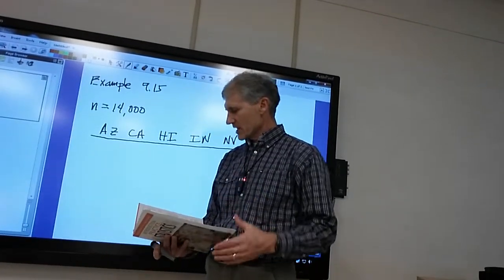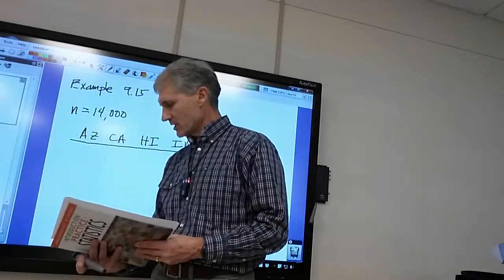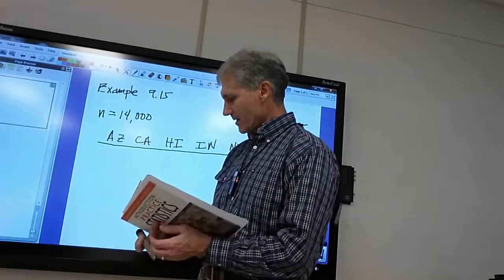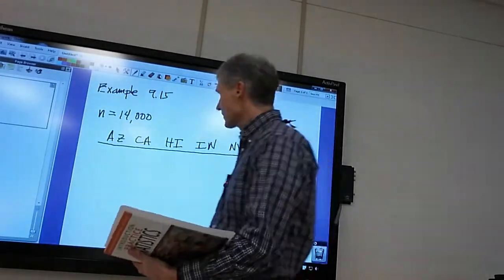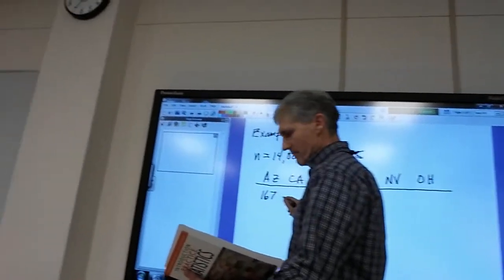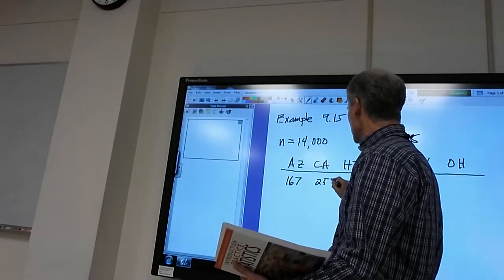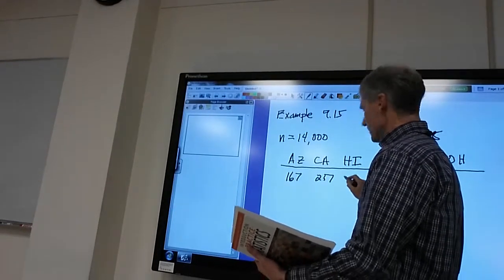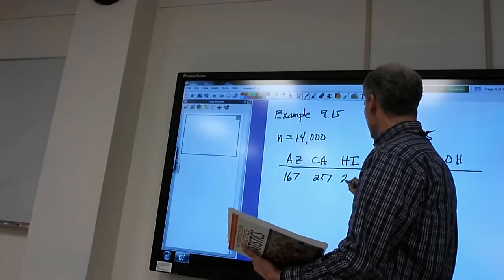Okay, so they do a sampling scheme, and they draw a random sample, and in that random sample, they get these counts: 167, 257, 257.